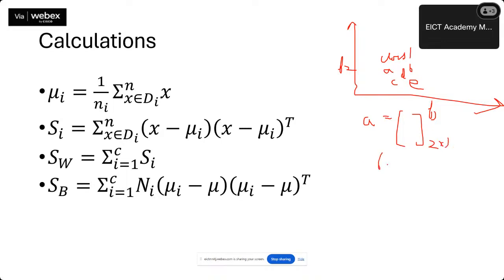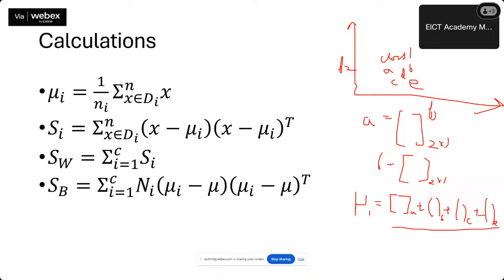Similarly B is another 2 cross 1 vector, and so are C, D, and E. So I'll say the mean of class number one is equal to A plus B plus C all the way up to E, divided by 5. I get this as a d cross 1 vector because each one of the data is d-dimensional in nature.